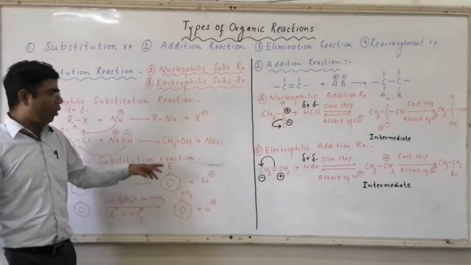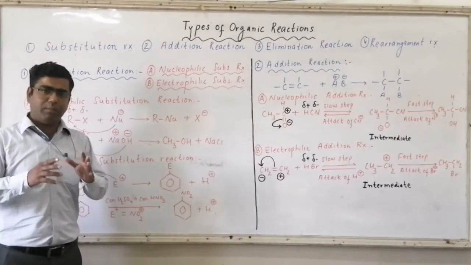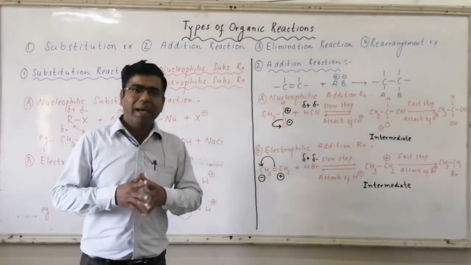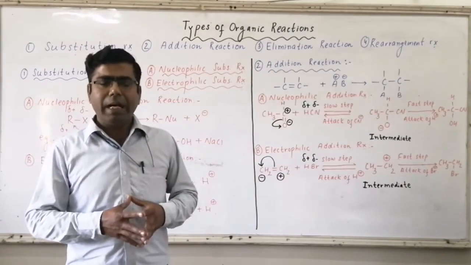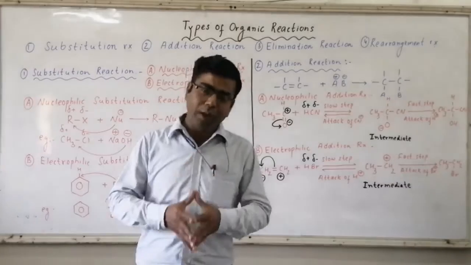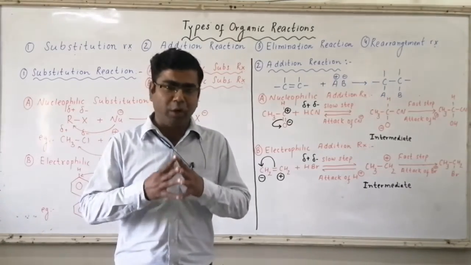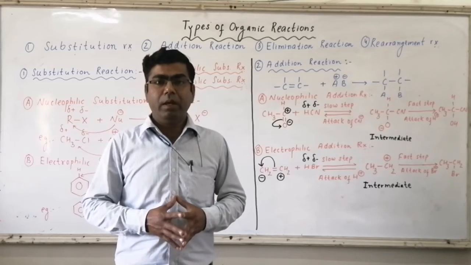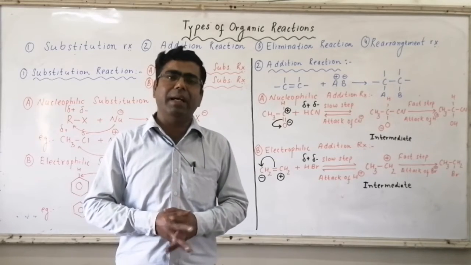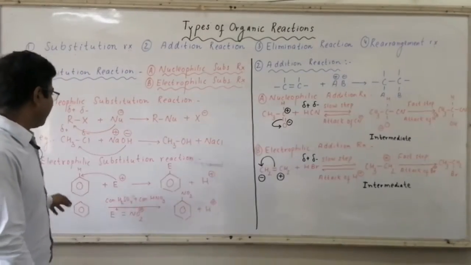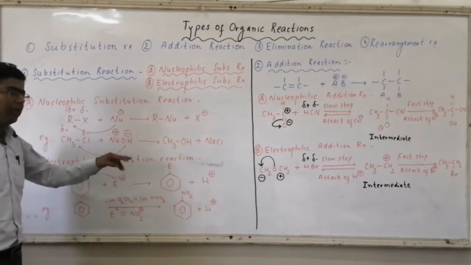And main product will be your CH3OH, that is methanol, or it is called methyl alcohol. So whenever alkyl halides are made to react with aqueous sodium hydroxide or aqueous potassium hydroxide, alcohols are formed as the main product. Then comes reaction number 2, electrophilic substitution reaction.